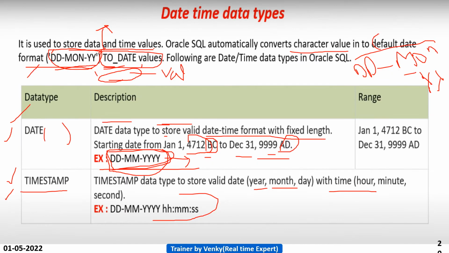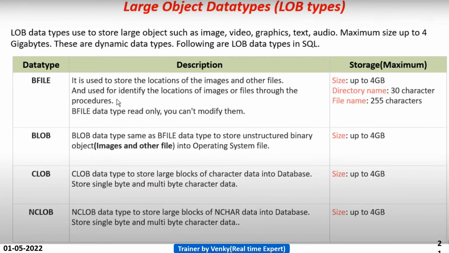Next, the large object data type. We can call it LOB data types. Yesterday I said, for the VARCHAR2 data type, what is the maximum size in bytes, guys?